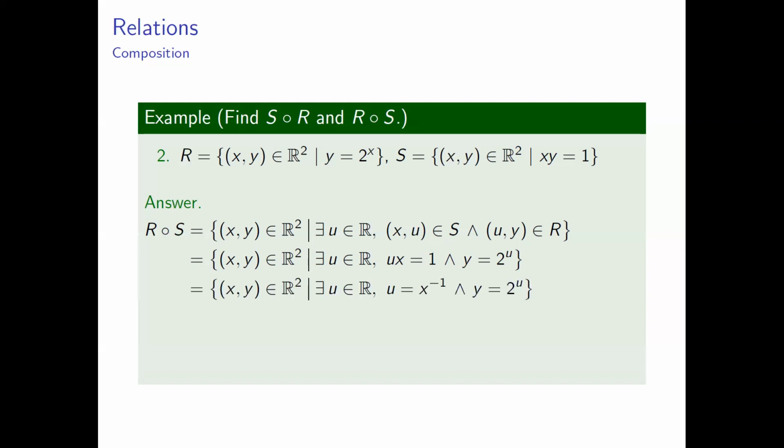The condition u times x equals 1 is equivalent to u is equal to x raised to negative 1. Hence, the predicate is equivalent to the condition y is equal to 2 raised to x raised to negative 1. Therefore, RS is equal to the set of all ordered pairs xy of real numbers such that y is equal to 2 raised to 1 over x.